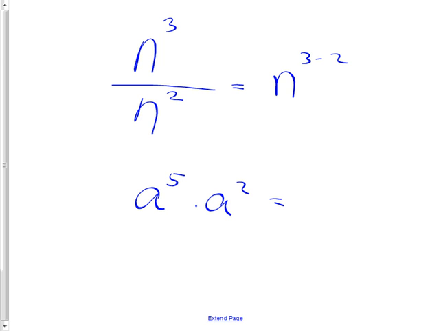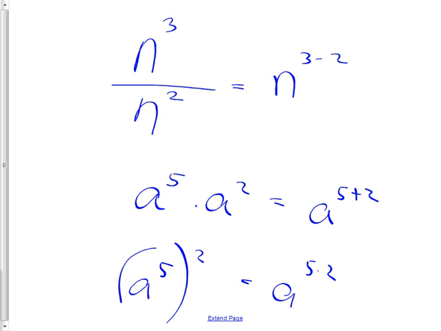Multiply them or add them? Yep. A to the 5 plus 2. When it's like this, a to the 5 to the 2nd, you multiply them. A to the 5 times 2. We've done add, subtract, multiply. Are there any instances where you'd ever divide them? We really don't do much with that.